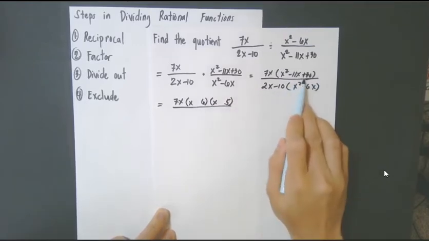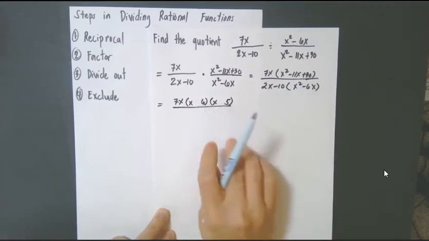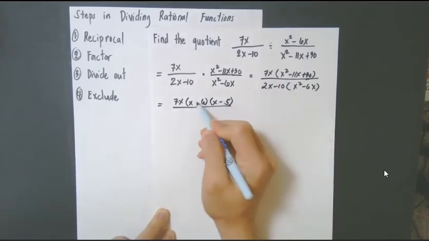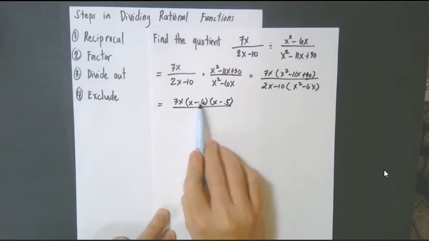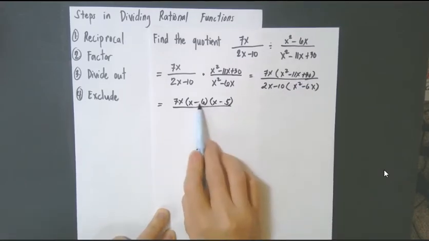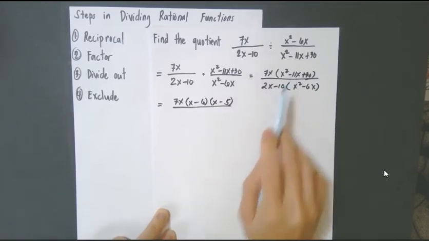Now, if you try to observe here, that's positive, so meaning your 5 and 6 should have the same signs. That's negative, so we take negative signs. So let's double check that. Negative 6 times negative 5, you'll get positive 30. Negative 6 plus negative 5, you'll get negative 11. So we're good to go.